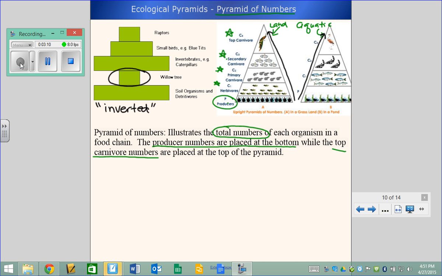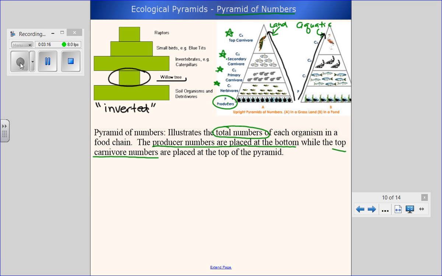In this particular example, we have a really large producer. So here's our willow tree. When you have a really large producer, that means that one producer could feed a whole bunch of consumers.